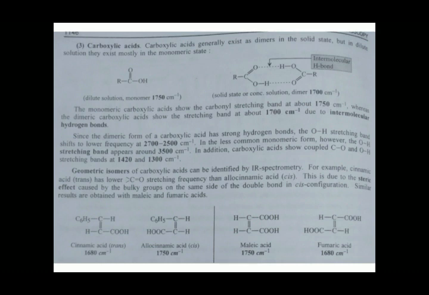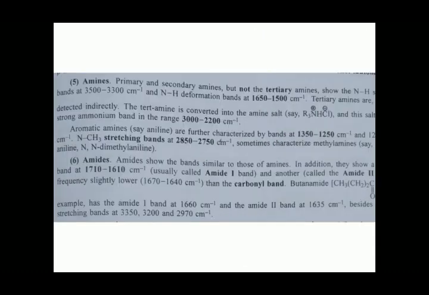Next is the frequency range of amines. Here the primary and secondary amines show the N-H stretching bands at 3500 to 3300 cm inverse and N-H deformation bands at 1650 to 1500 cm inverse.